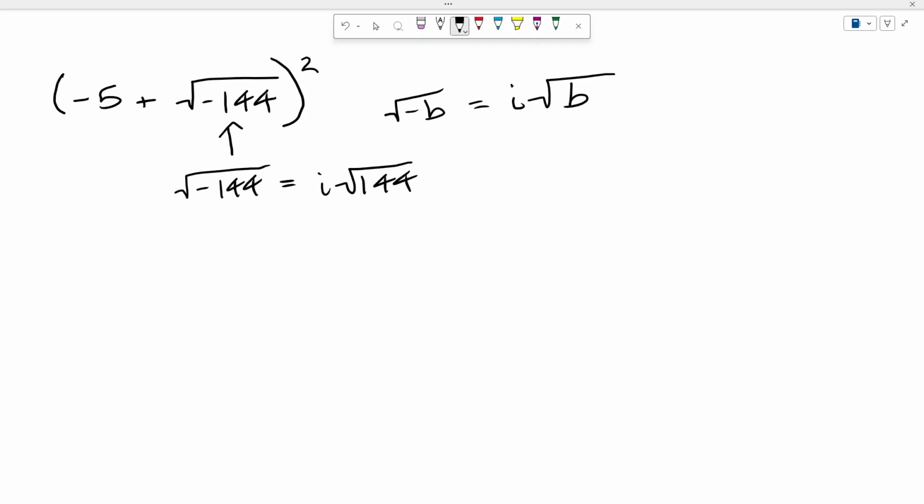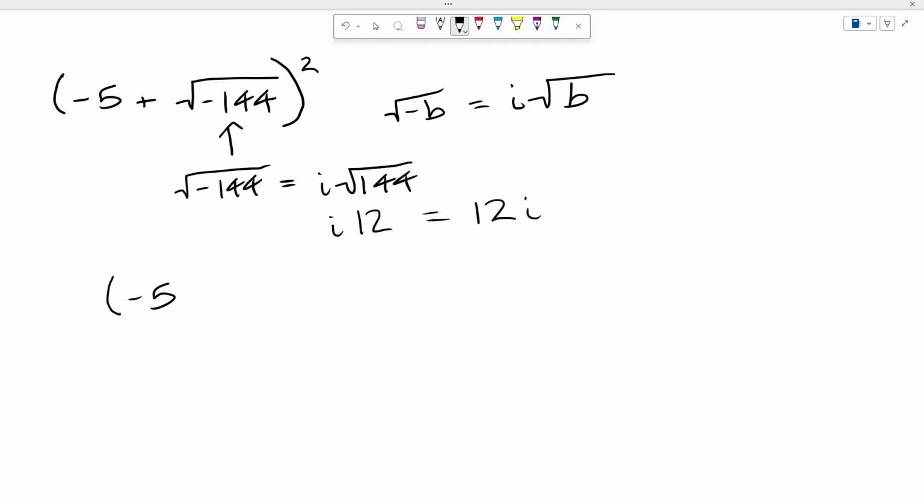And that we can work with, because what is the square root of 144? That would just be 12, and then switch those around, of course. So the square root of -144, we can set that equal to just 12i after we apply our rule and simplify it.